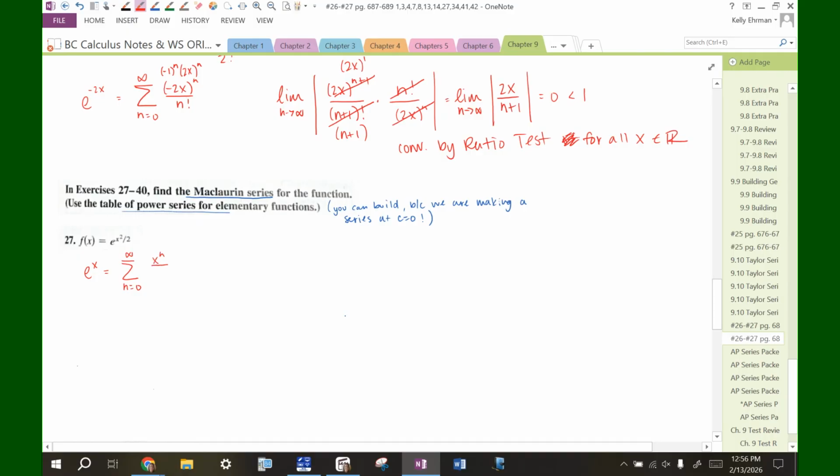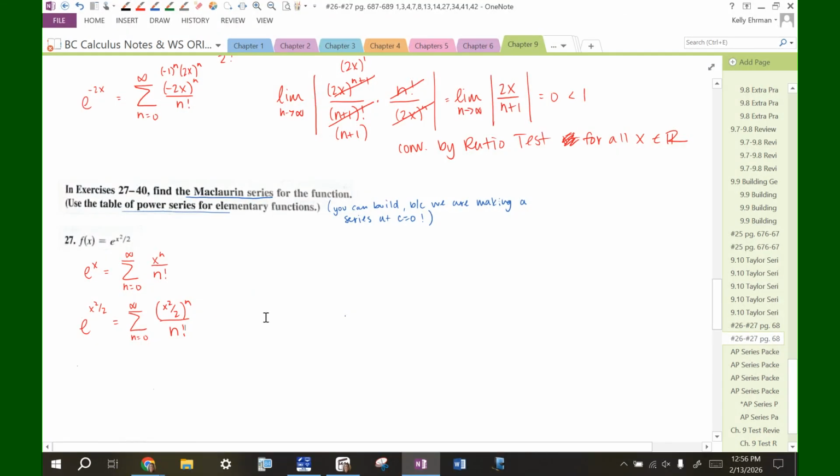That's x to the n over n factorial. And so if I want to do e to the x squared over 2, I'm just going to plug that in. I will show you how to simplify it a little bit, but unsimplified, it would just be x squared over 2 to the n over n factorial.